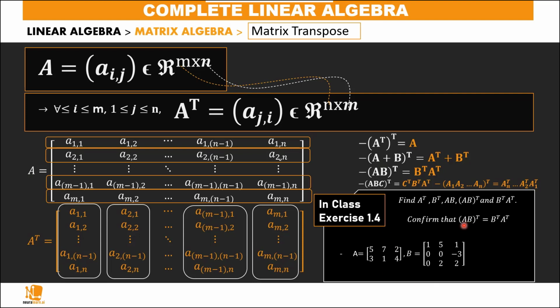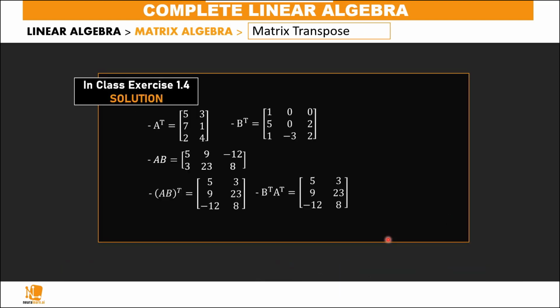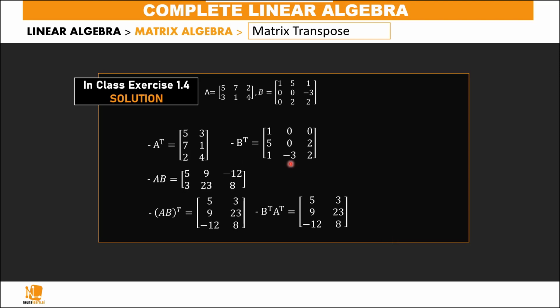So we take another break. Feel free to pause the video and find the transpose of these two matrices. Recall that to find the transpose of a matrix A, the rows become the columns and the columns become the rows. Let's look at the solution.